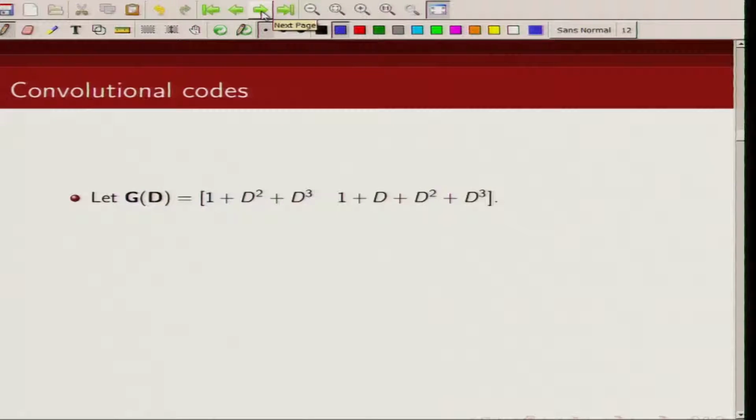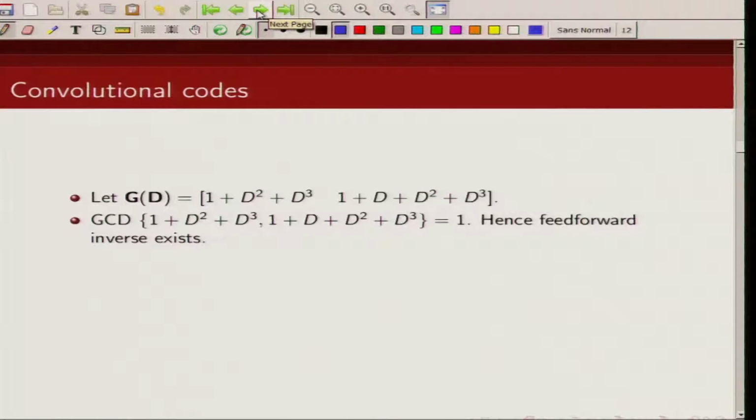Let us take an example where a feedforward inverse exists. We are considering a feedforward rate 1/2 encoder, with G0(D) and G1(D) as given. What is the common divisor between them? We can check that they do not have any common terms, so the greatest common divisor is 1.